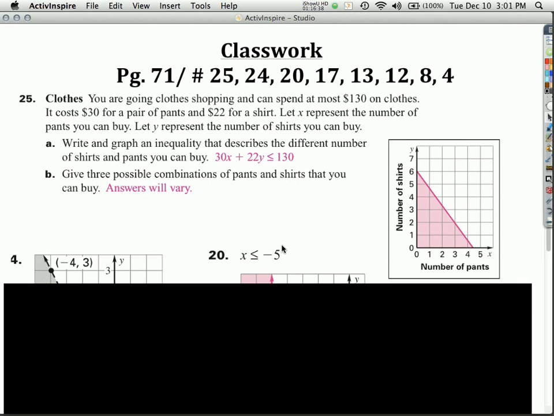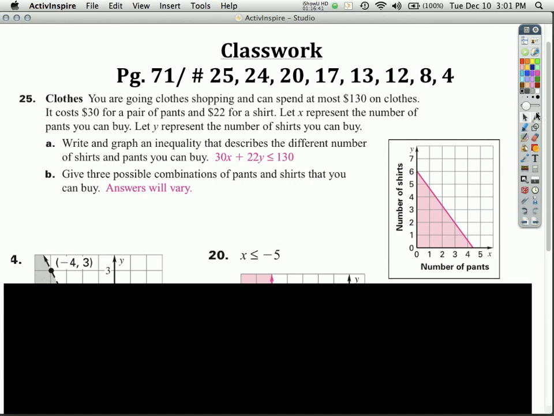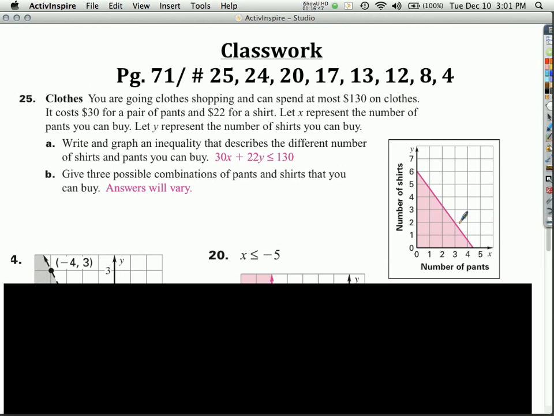We've been talking about the concept of combinations throughout the year. And so as long as you picked any point inside this region or on this line, then that will count as a combination.